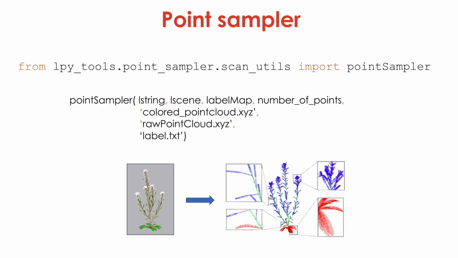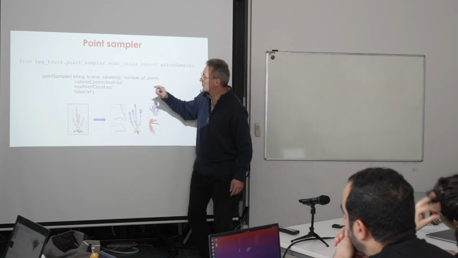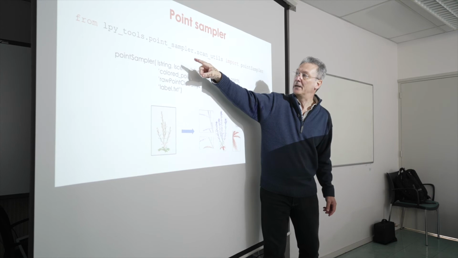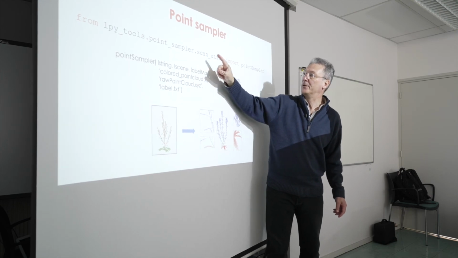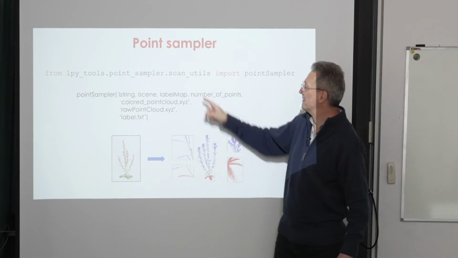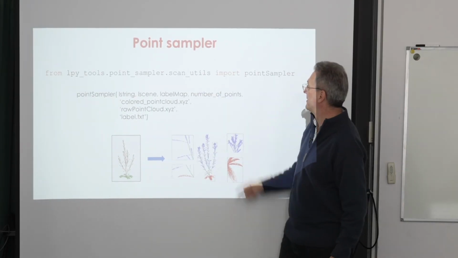Okay, so just to remind you, I have 2 slides on this. The point sampler is simply the call of this function. You import the function from the LPI2's point sampler module, the scanutils facility.